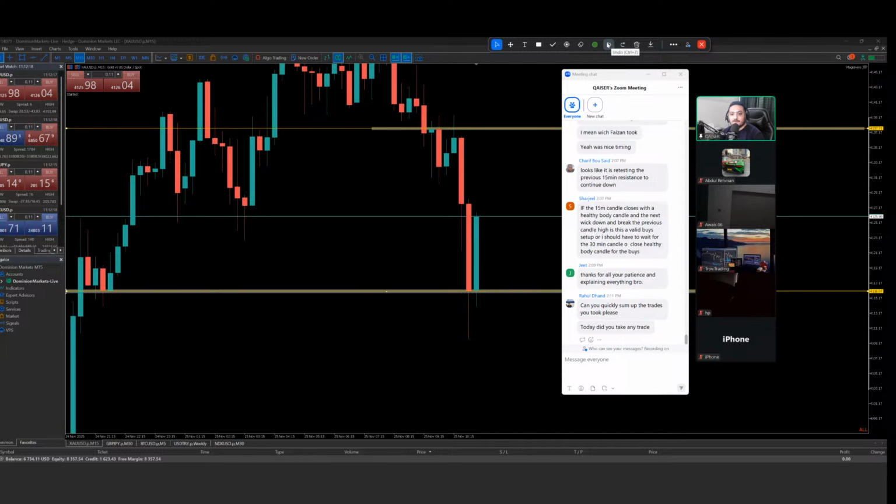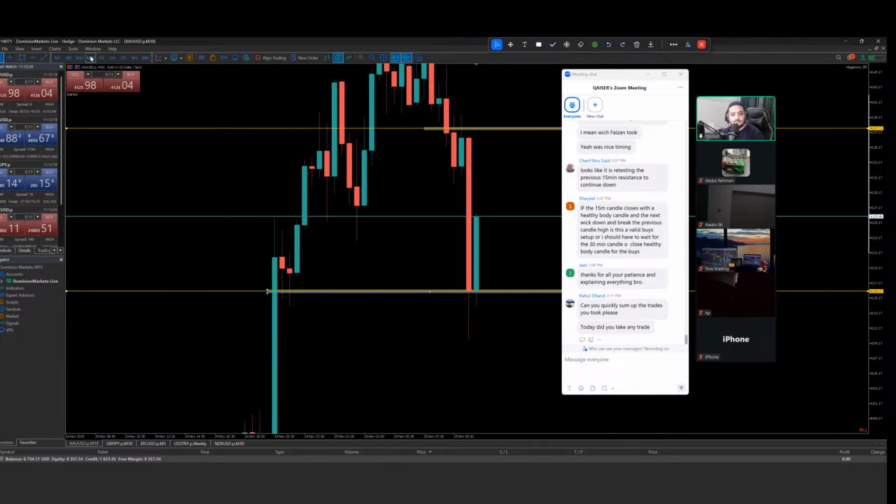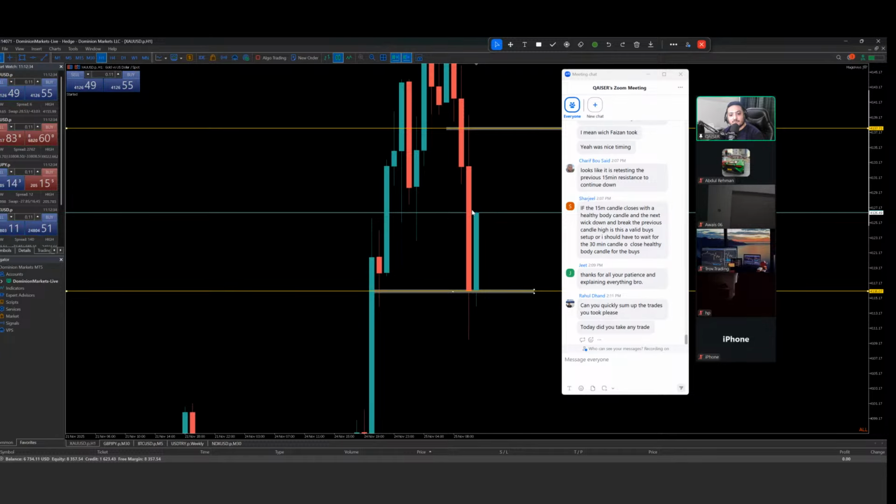Let's see. Because this candle closed with a strong bearish candle, the current candle should not retrace more than 50% of the previous candle. H1 should not retrace more than the 50% of the candle. How should it react? It should react somehow like this.